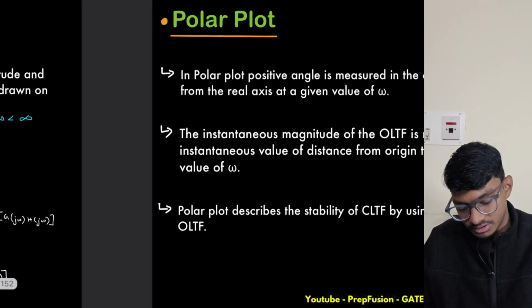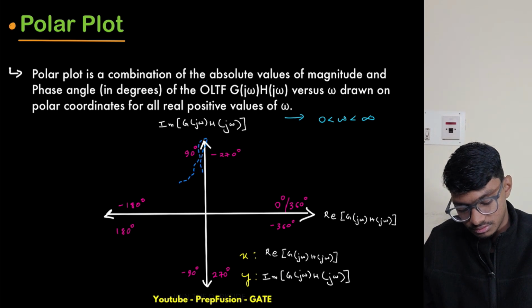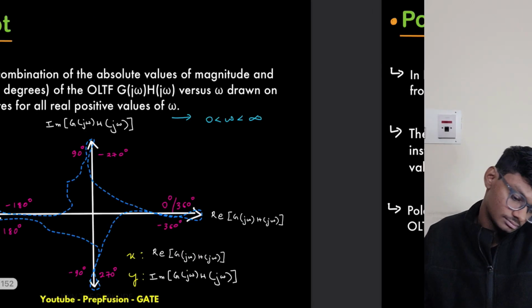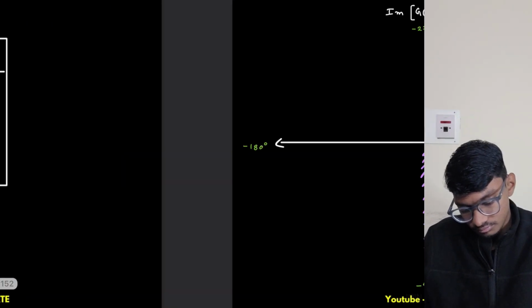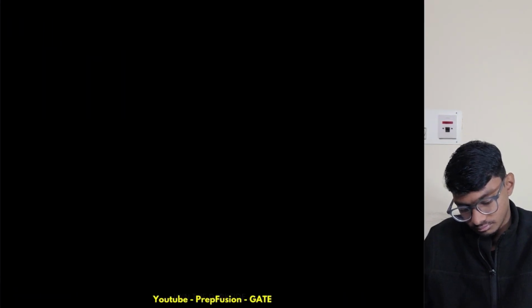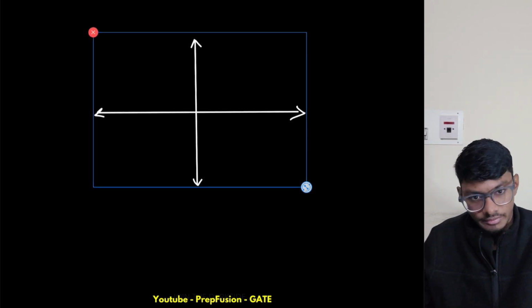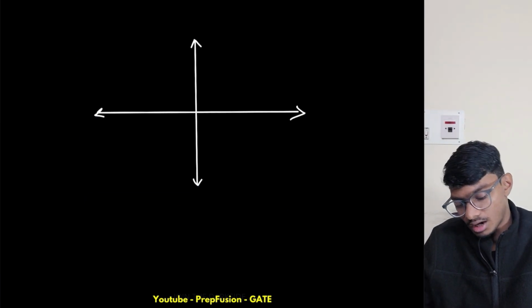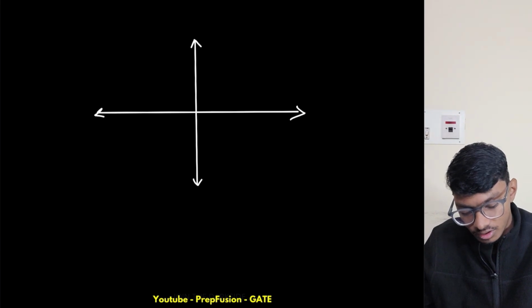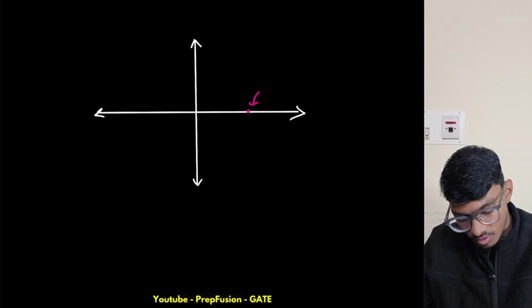Okay, let me first copy this graph, and how it will look like. So at omega equals to 0, it will start from here. This is the 1 comma 0 point, right?